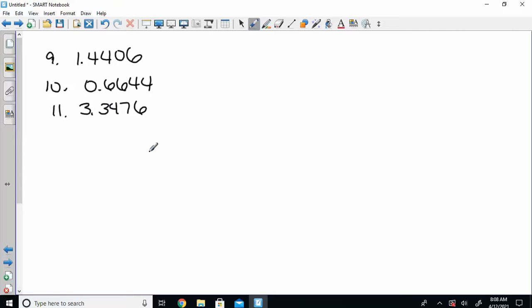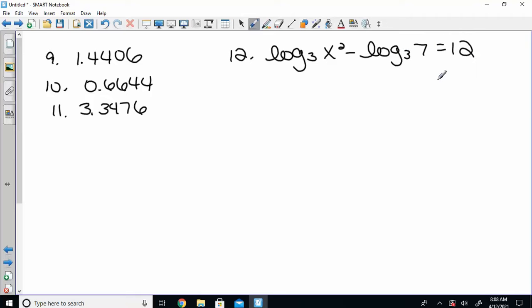So we did ask about number 12. Let's work that one out. Okay. We need to use our properties of logs.